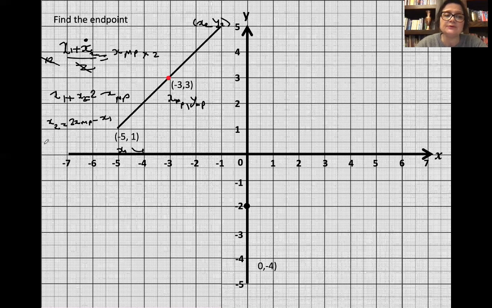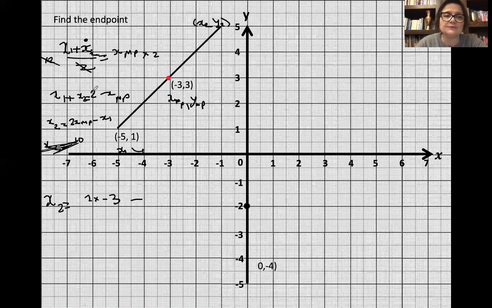So if you substitute, x2 is going to be 2x of the midpoint, so 2 times minus 3, this one here, let me cross this one out then. So it's going to be, right, x2 is going to be 2 times minus 3, right?